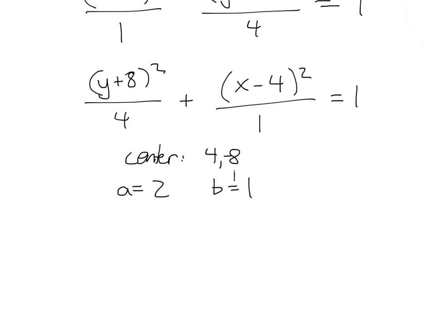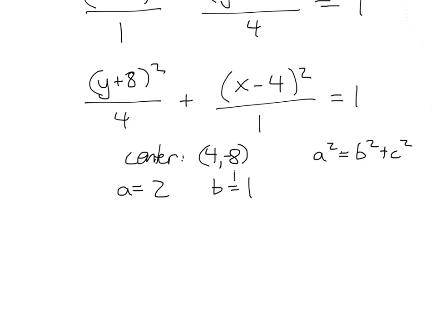The Pythagorean relation for the ellipses is a squared equals b squared plus c squared. All the other ones are c squared equals a squared plus b squared. This is just the oddball out.